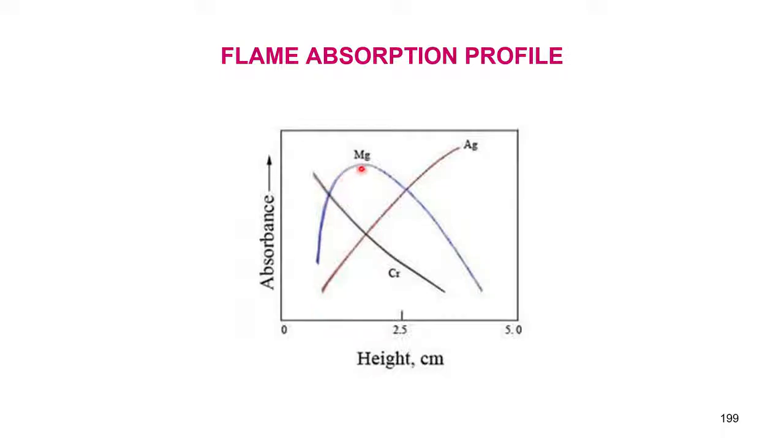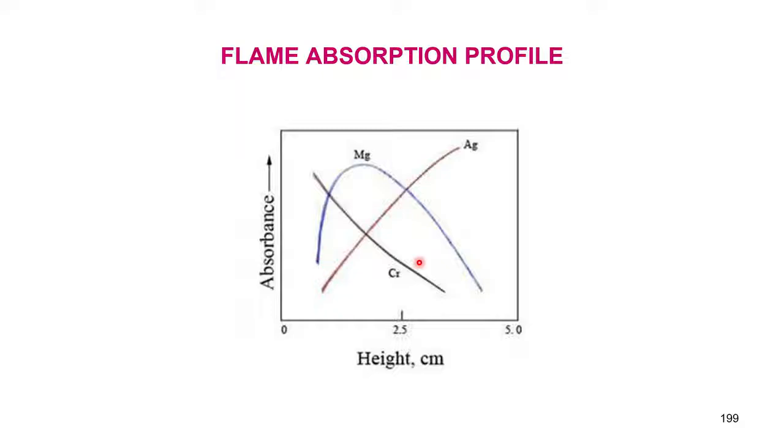As I increase the height, it reaches a maximum around 2 centimeter, and then if you increase the height still higher, the absorbance will be decreasing, and it keeps on decreasing until you reach around 4. After that, there will not be any absorbance.